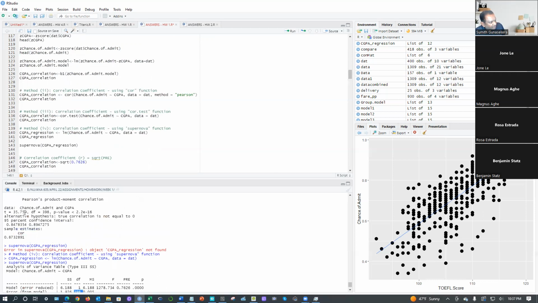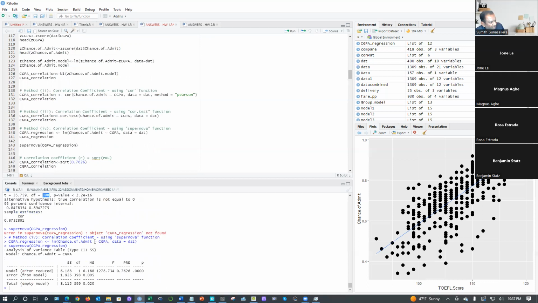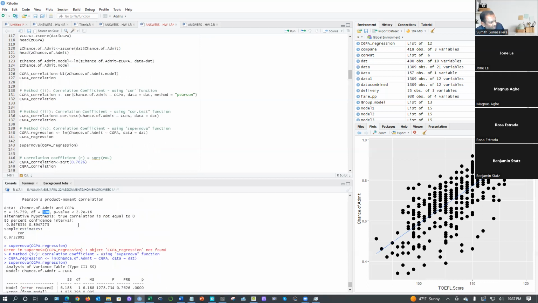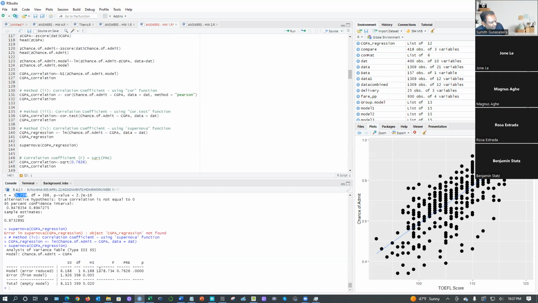This shows the sum of squares error, and the p-value. See, t-value, p-value. Where is this t-value? I don't see it here.